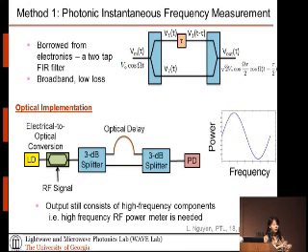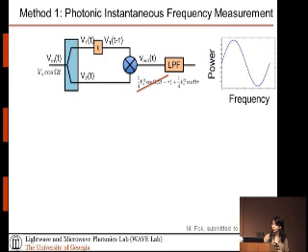The problem with this approach is that from the equation on the right, you can see that it still depends on the frequency of the input signal. That means you need to use a high frequency RF power meter to measure it, which is very costly and also limits your bandwidth. So there's a slight modification of this approach, where instead of adding the two signals together, we mix them, multiplying the two signals, so that the output cancels out.